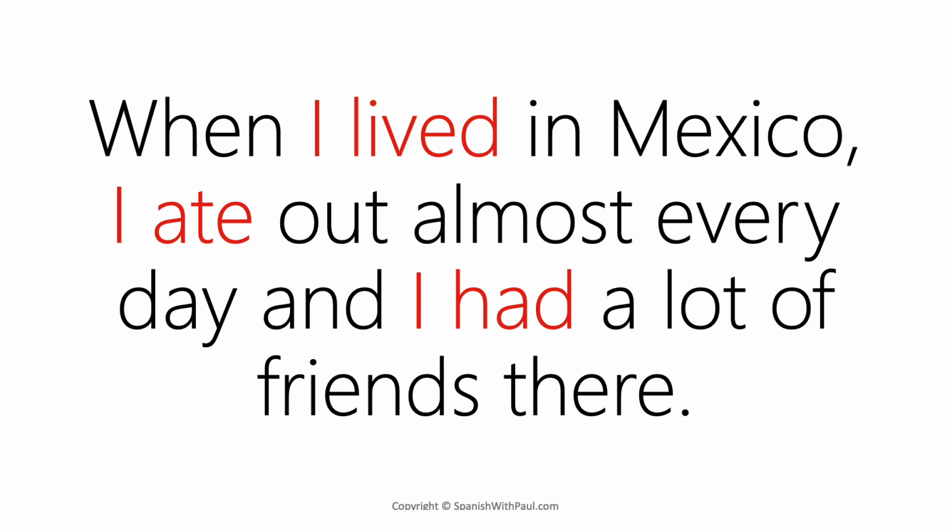Now let's try to put everything together so far. We have, when I lived in Mexico, I ate out almost every day, and I had a lot of friends there. Just as before, each verb is in red. So I used to live in Mexico, I used to eat out almost every day, and instead of I had a lot of friends, you could equally say I used to have a lot of friends. All signals for the imperfect.